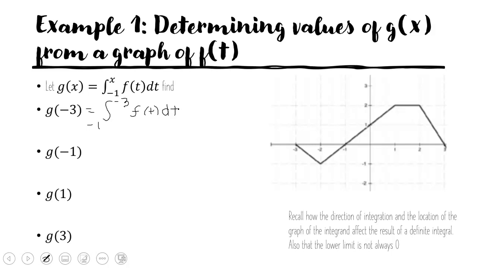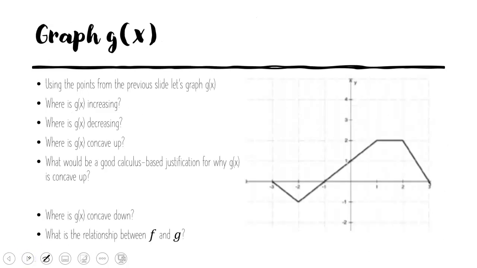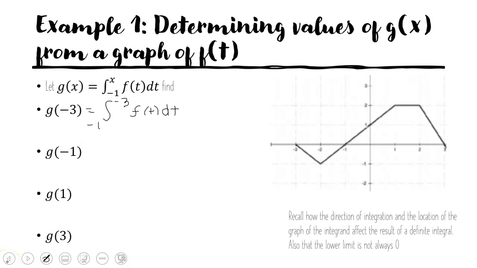Now, the bounds are relatively backwards in this case. So you need to take into account the direction of integration and the location of the graph, because this is going to affect your integral. So from -1 to -3, we're working backwards.